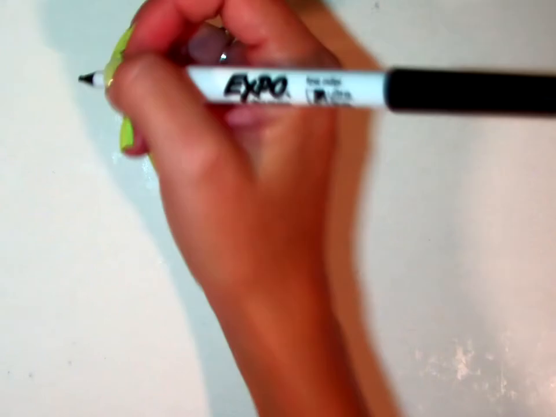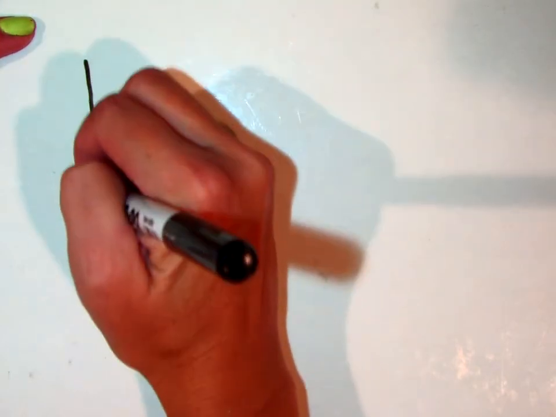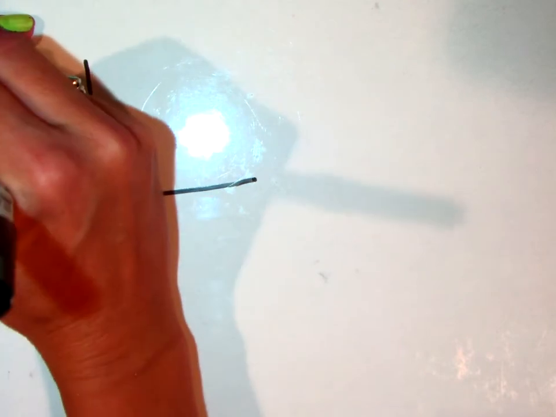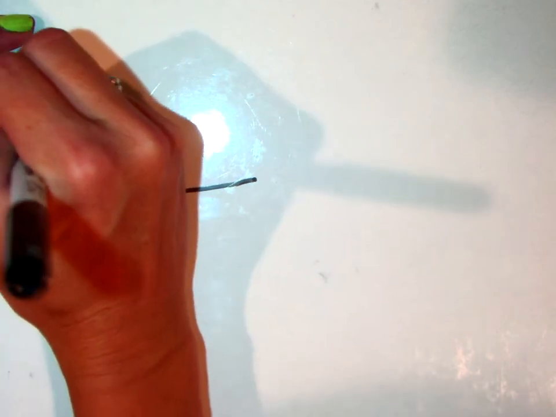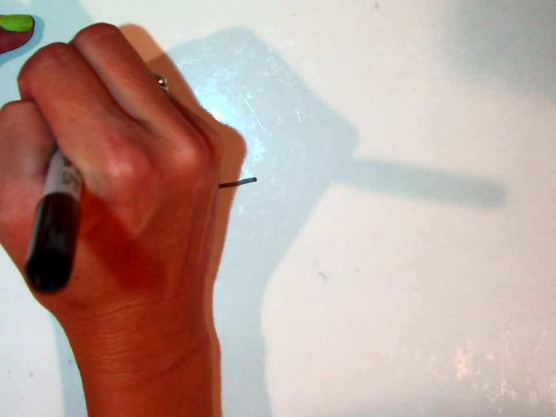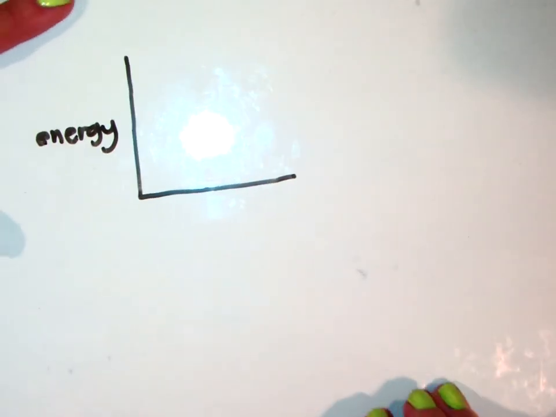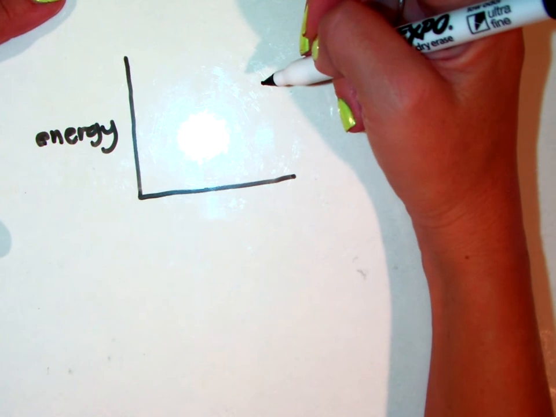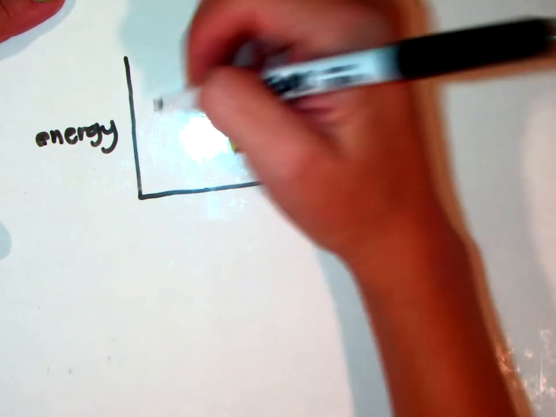You don't necessarily need to write this down anywhere, but just to show how enzymes work, we were to draw a little table here, and this y-axis represents energy. In order for chemical reactions to happen, it requires the input of energy.